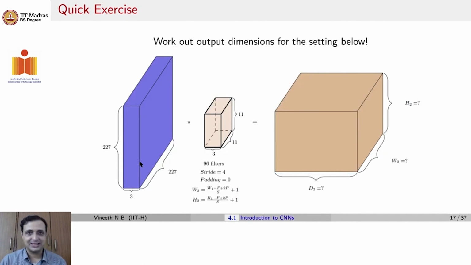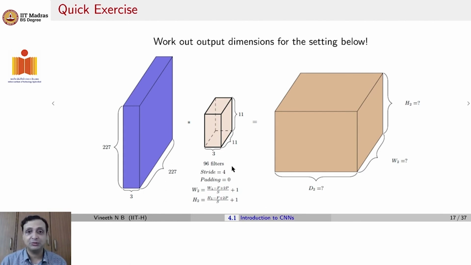Let's try to work out an exercise so you're clear about this. Let's consider this input to be 227 cross 227 cross 3. Let's assume that your filter size is 11 cross 11 cross 3. Let's assume that we're going to use 96 such filters. These numbers have a purpose which will probably be clear to you a couple of lectures down, but take these numbers for now as they are.